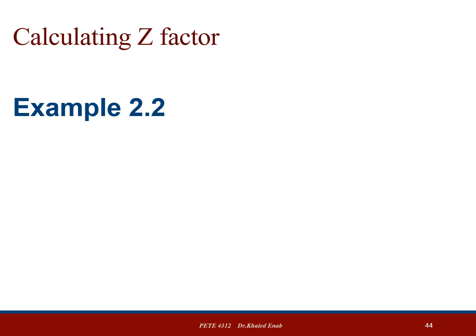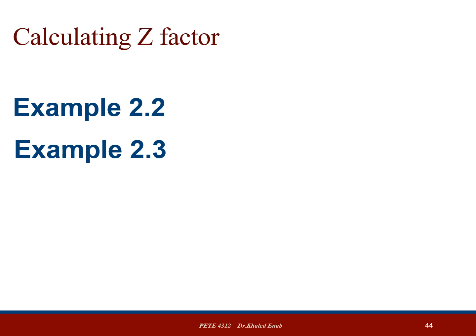Calculating the Z factor, example 2.2 is simple and straightforward. I hope you can go through it, and we'll work on it in our synchronized meeting, which should be today. The same thing for example 2.3, because there are two ways. The first way is using the chart, and the second way is to use a correlation, an equation, which was developed when the computer started to get involved more and more in petroleum engineering and in science generally.